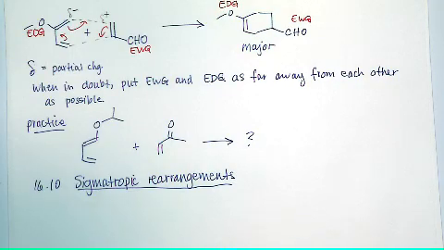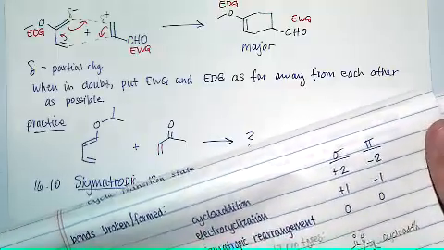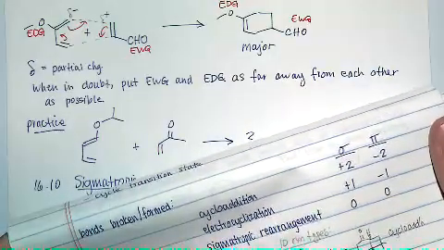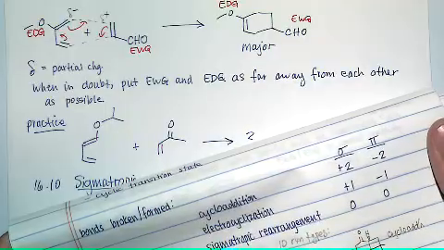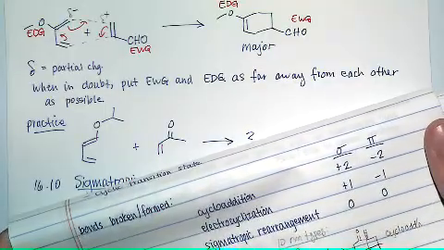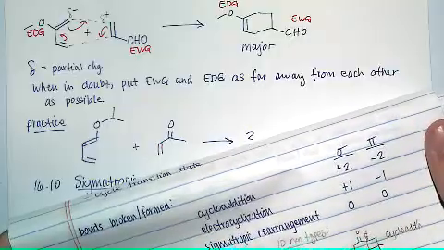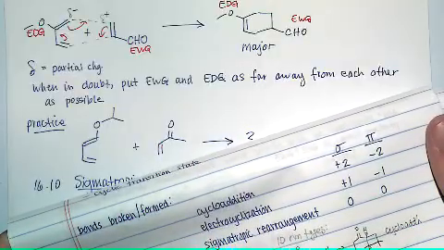Okay, when we introduced pericyclic reactions, we had this little table that told us how many bonds were broken and formed in cycloadditions, electrocyclizations, and sigmatropic rearrangements. That's not good for today because I'm going to say that word a lot for the rest of the class.